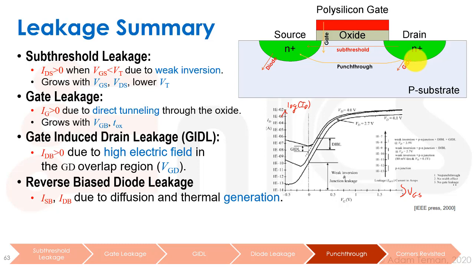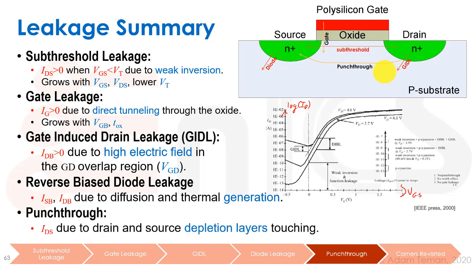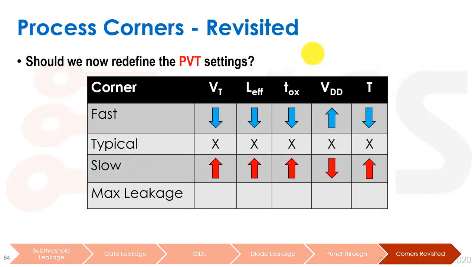Reverse biased diode leakage is again from both the drain and the source diffusions down to the body, and it's due to diffusion and thermal generation. And finally, we have punch through, which is again a drain to source leakage due to the depletion layers touching each other. So having that said, let's revisit our process corners.